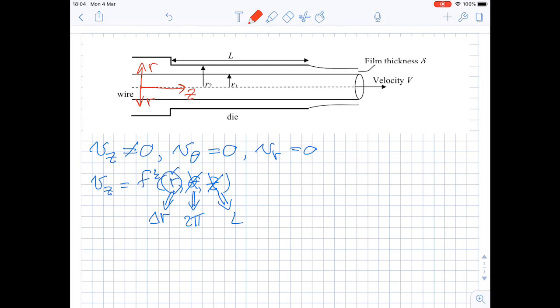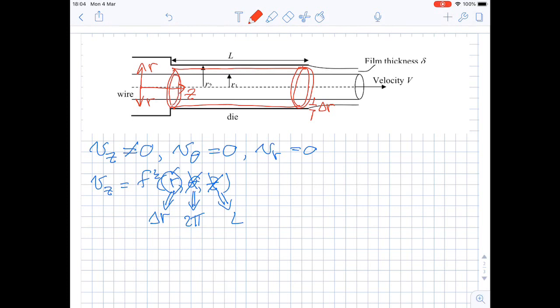Therefore, our shell is supposed to look cylindrical with the thickness of delta r, and it should have full length from 0 to L. So the shell looks something like this.